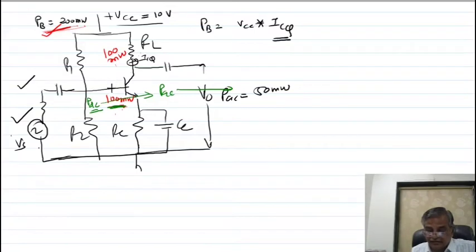And the remaining 50% is dissipated as wastage here. So when you give the AC input signal, 50% of this wastage is converted into AC and the remaining 50% is wastage. Still there is wastage here. So if you want to increase the AC power, you have to deal with such kind of wastage.